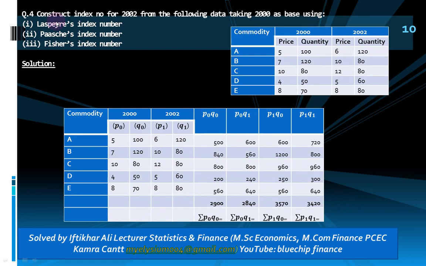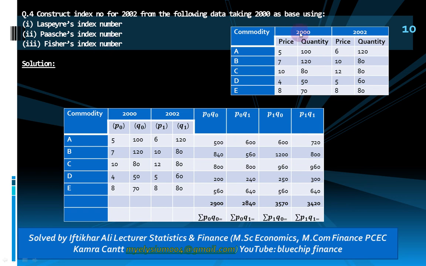Question number 4: construct index number for 2002 from the following data, taking 2000 as base. In previous papers we already calculated this type of question many times, which is about the weighted index number, and the requirement is to calculate three different types of weighted index: Laspeyres, Paasche and Fisher.